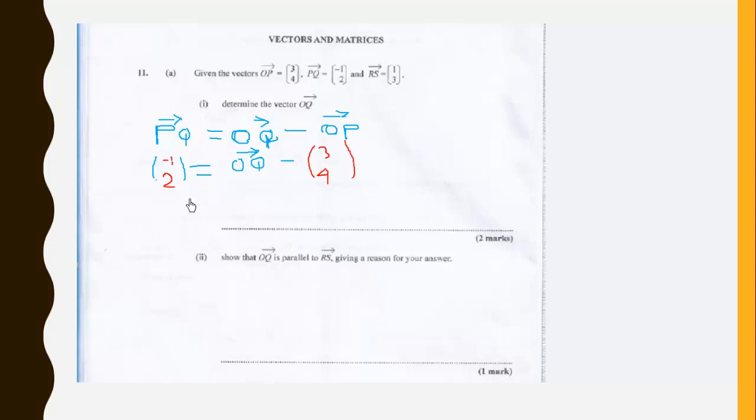So vector OQ, let's group the vectors that we know at one side. So this becomes negative 1, 2 plus 3, 4 is equal to vector OQ.